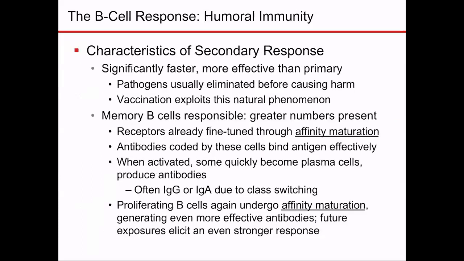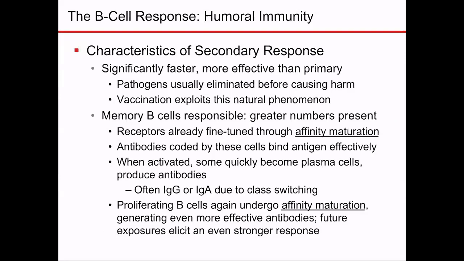And this is giving you more information about the characteristics of the secondary response, what I already showed you in the previous picture. Basically, when we're talking about a secondary response, it's going to be faster and stronger.